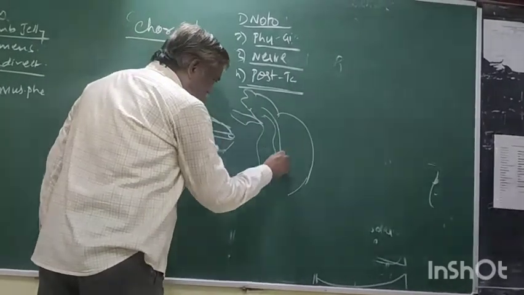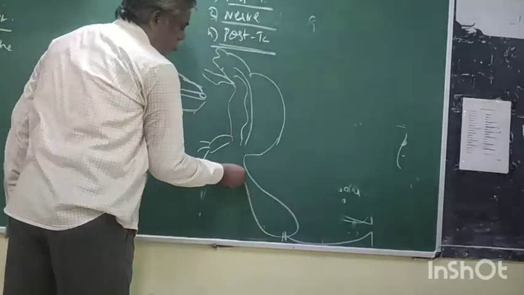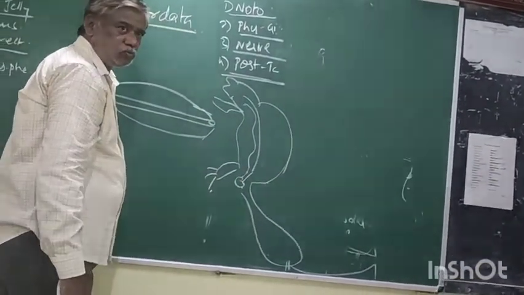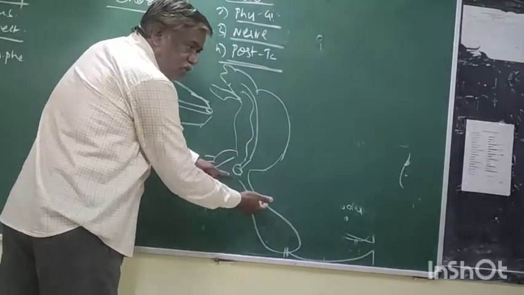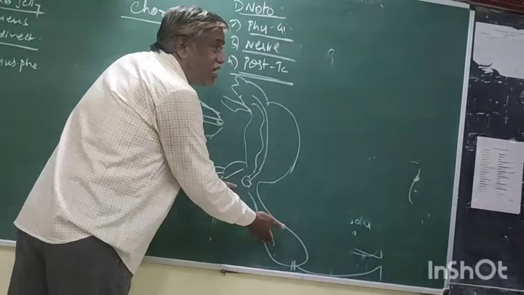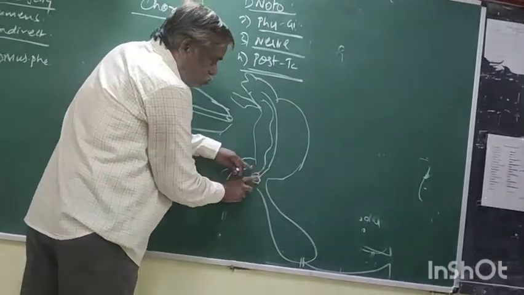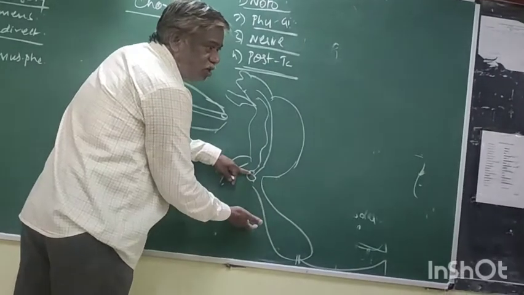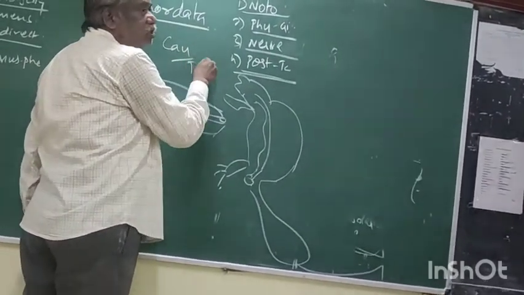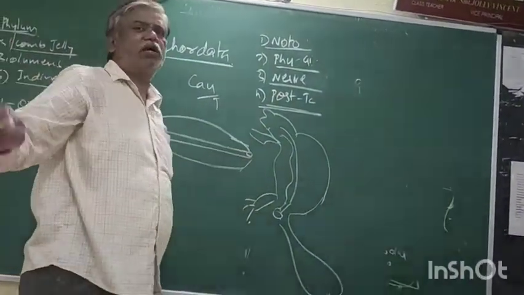Now see, this is the anus. That means after the anus, some body part is there, which is generally called the tail. This post-anal body part is caudal, or in English it is called tail. All chordates must have a post-anal body part.